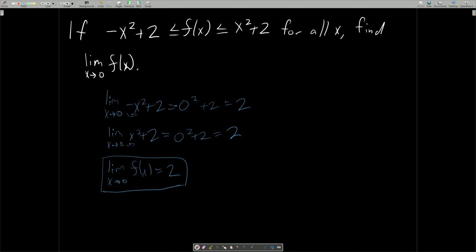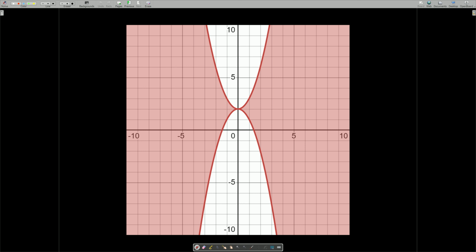Here's a graphical explanation. This is the problem we just did. This top line here is x squared plus 2. This bottom line here is negative x squared plus 2. And f of x exists in this red shaded area.